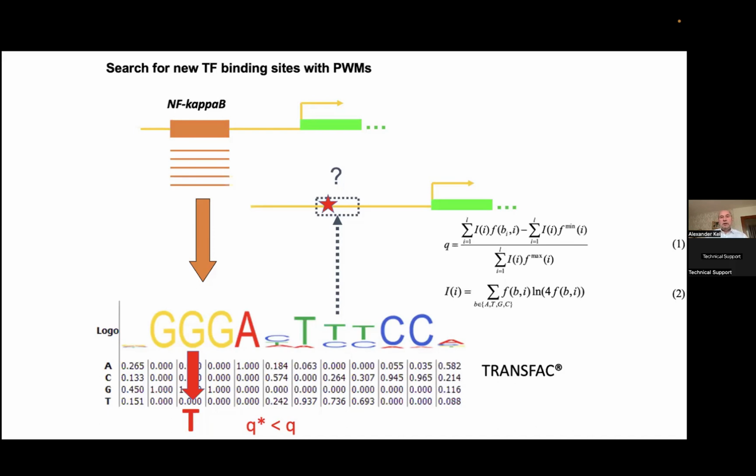And if this gene is, for example, a gene which leads to the growth of the tumor, then it provides the growth. That's why it's important to find those binding sites where the mutations are changing the potential binding affinity, so basically the score, which we can calculate using our algorithm.